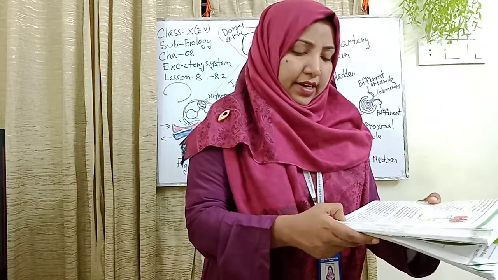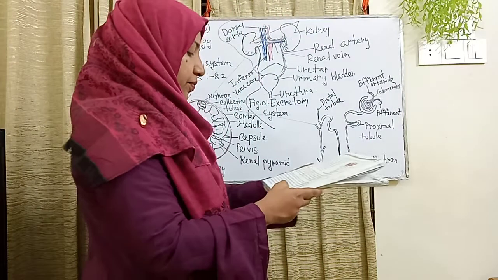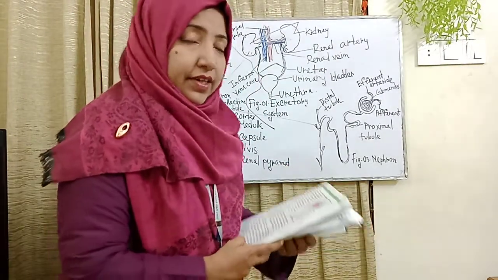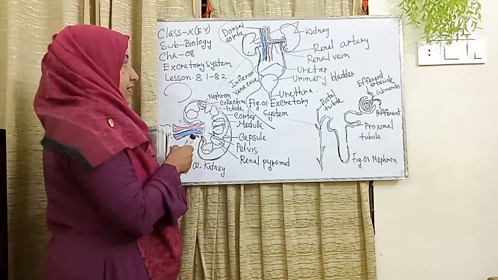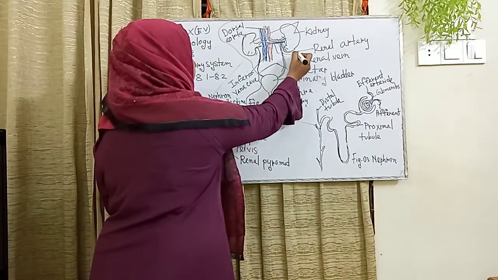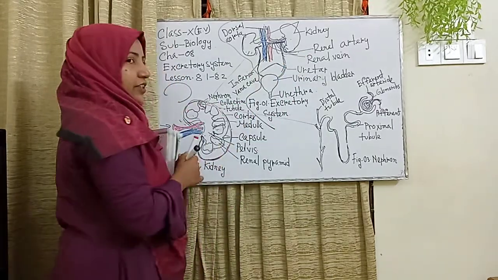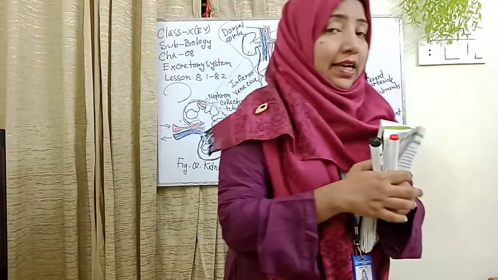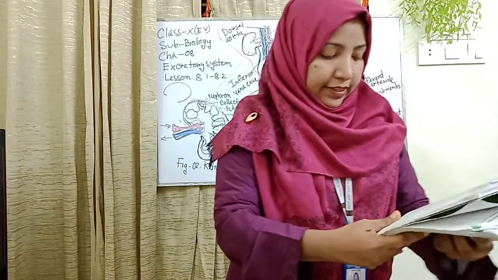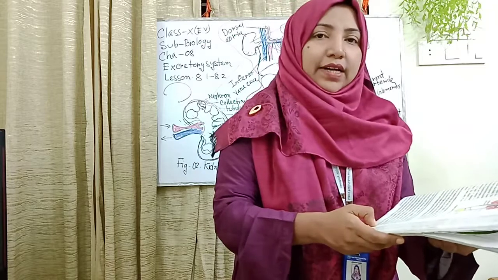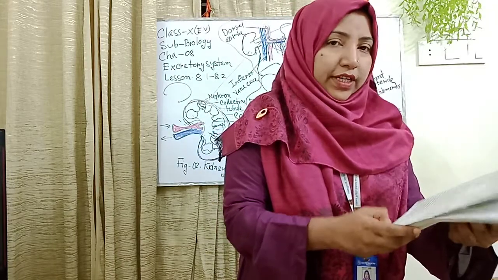The ureter and renal vein come out from the hilum and the renal artery enters the kidney. The first structure is the renal artery, the second is the renal vein, and these two structures come from the kidney at the hilum.